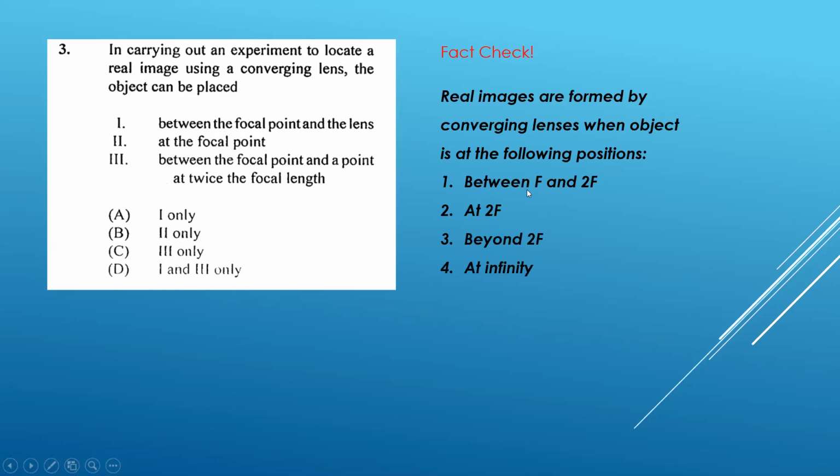If the object is between F, the focal point, and twice the focal length, then a real image will be formed. Also, if the object is at 2F, beyond 2F, and at infinity, which is just a very, very far distance. These four places are where the object has to be placed for a real image to be formed. And so only 3 applies here, and therefore your answer will be C.